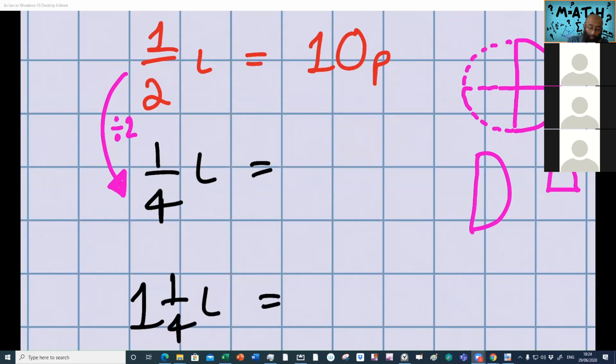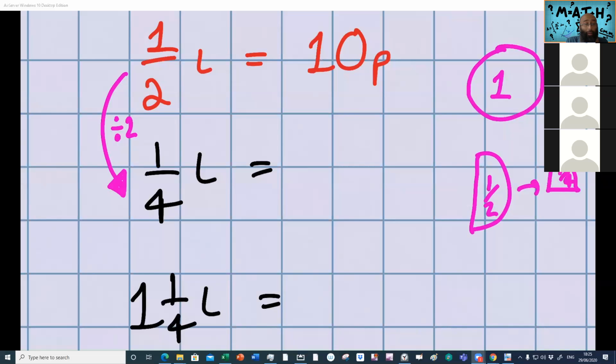For example, if I draw a full cake, here's 1 full cake. Here's a half of a cake. If I divide that into half, I get a quarter of a cake. That's what Mahir's talking about. That's me visualizing it for you. So a quarter is half of a half.